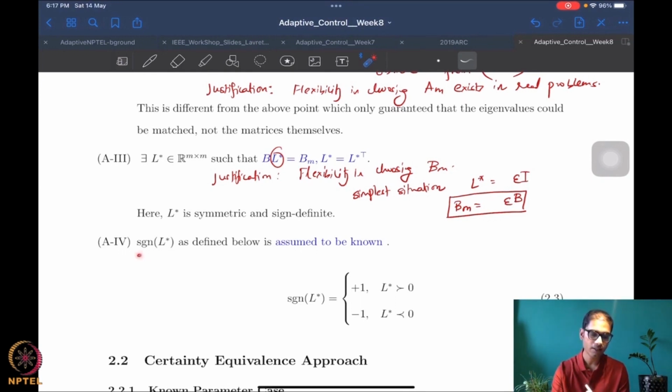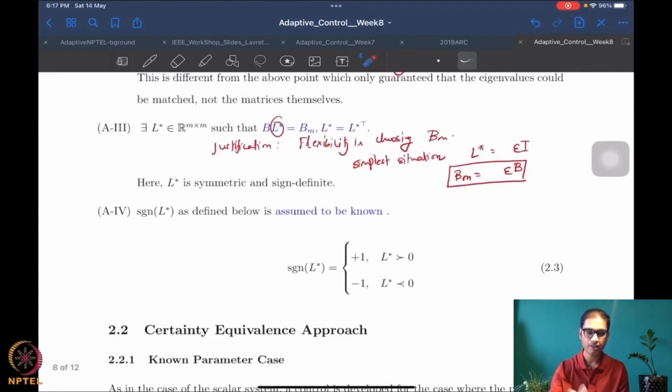And what is the signum of a matrix, since L star is a matrix? That's defined here. It's defined as +1 if the matrix is positive definite, and -1 if the matrix is negative definite.